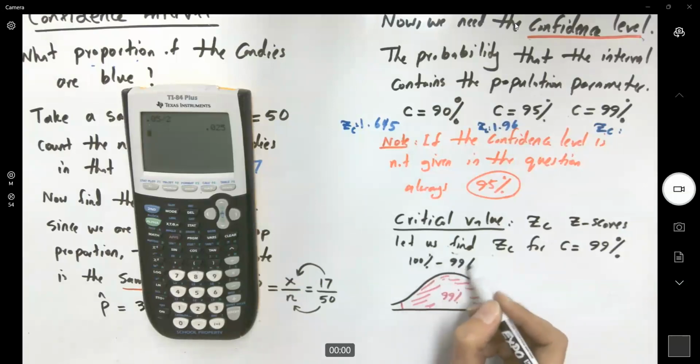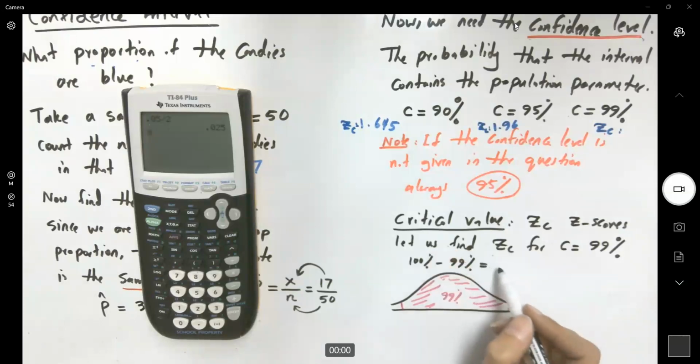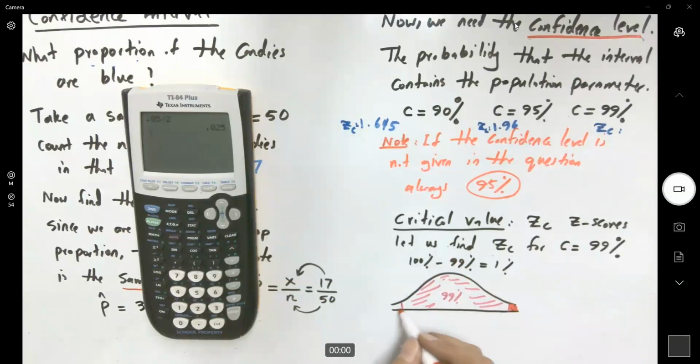100% minus 99% is 1%. This 1% is divided up into two little pieces, to the left and to the right. This one is not 1%. If it's 1%, this must be 1% as well. 1% plus 1% is 2%. 2% plus 99% is more than 100%, which is wrong.